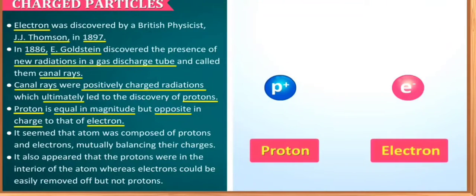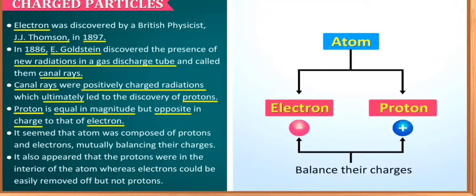Friends, an electron is represented by the symbol e- and a proton by the symbol p+. This is because the charge of electron is -1 and that of proton is +1. The scientists of that time seemed to know that an atom is composed of protons and electrons, and these protons and electrons mutually balance each other's charges.